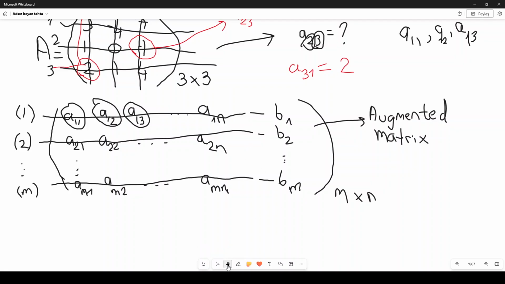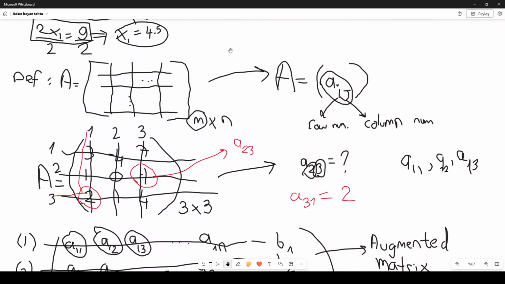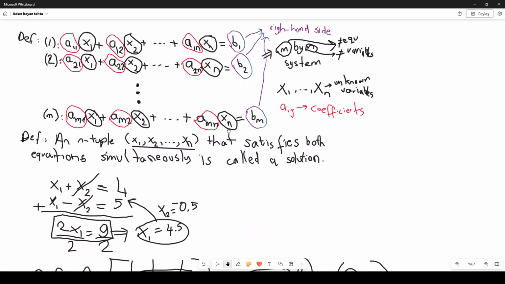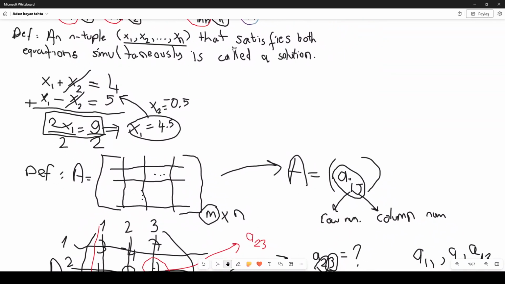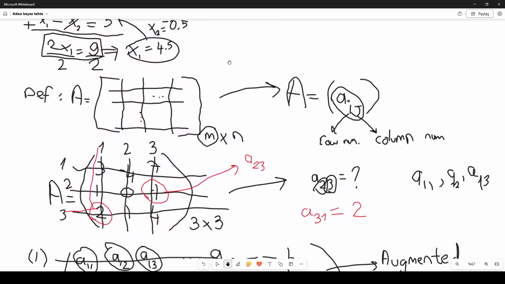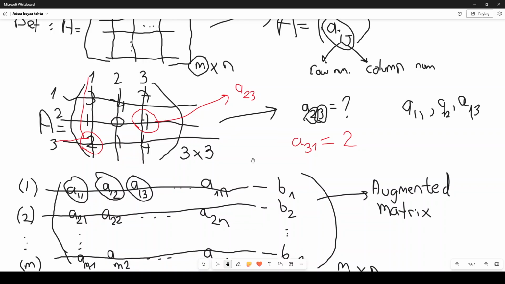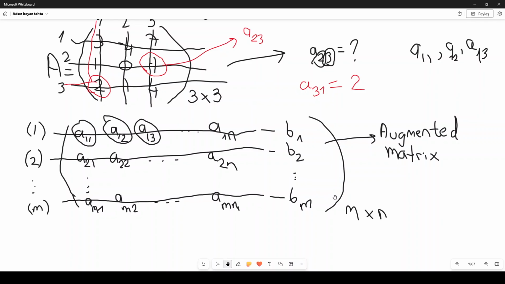All right, let's continue. Up to this point, guys, we know what an m by n system is and the basic terminology. We know what coefficients are, what unknown variables are, what the right hand side values are, what we're trying to find, what a solution of such a system is, and how we can find that. We know what a matrix is and the basic terminology related to that. And we know what an augmented matrix is, right?